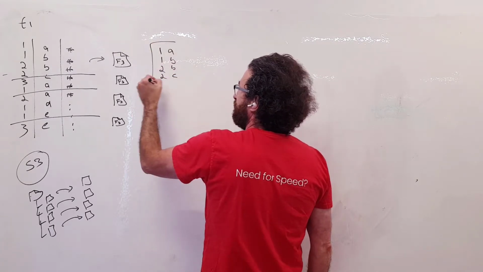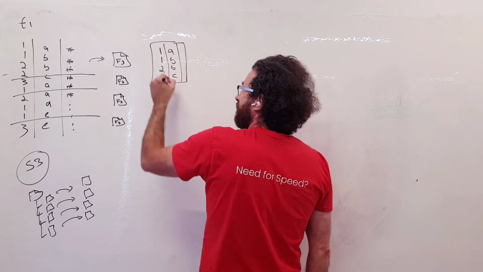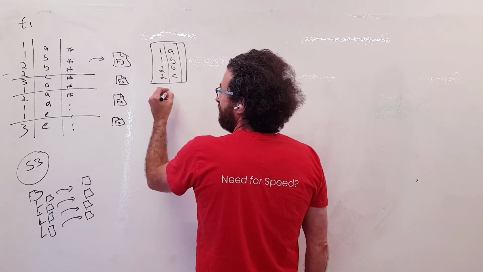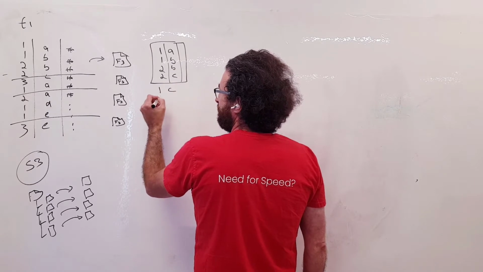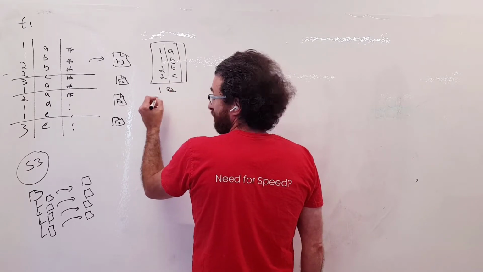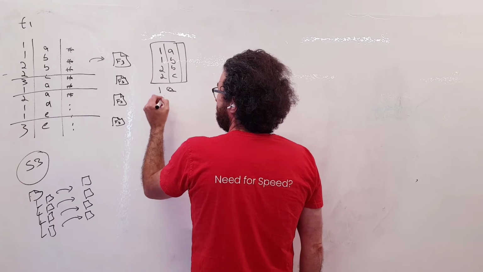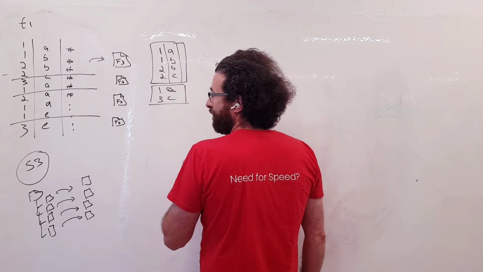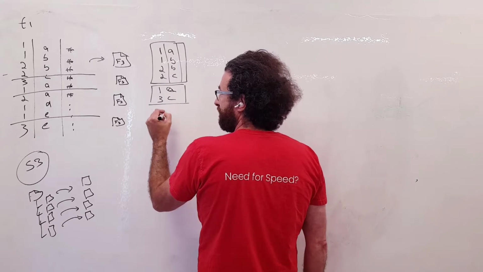That would be our first file. The second file will look like this. Sorting is hard. And then the third file would look like this.